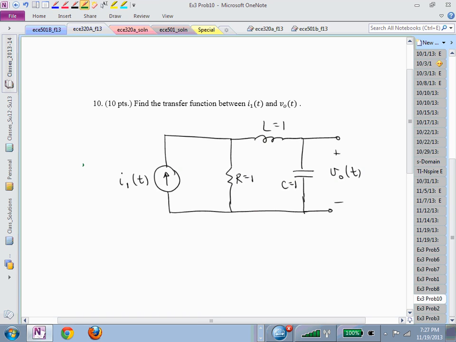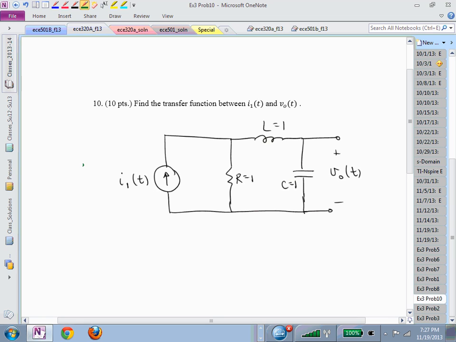What's this one? Find the transfer function between I1 and V sub 0. Maybe you do a source transformation over here. Maybe not. You can do it however you want, right?